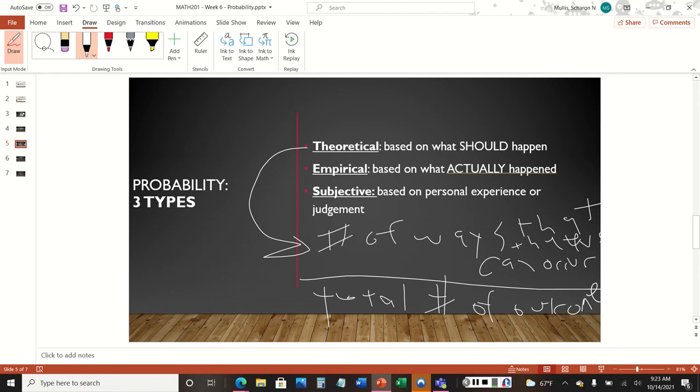Sorry about the bad writing. So the number of ways that the event can occur divided by the total number of outcomes.